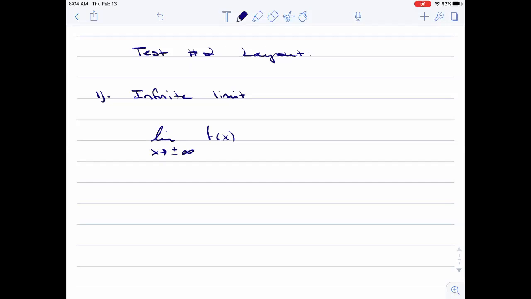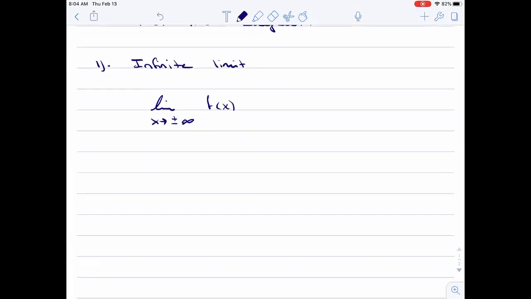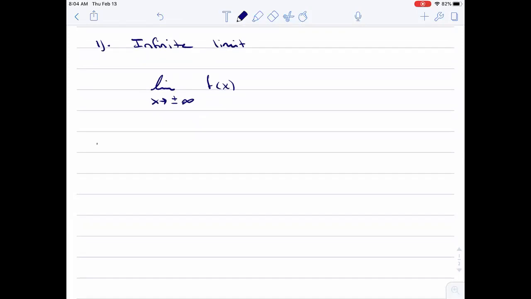It's only going to be negative infinity or positive infinity. We're essentially figuring out if we're going to have a horizontal tangent line. Off the top of my head, I can't remember what section that was. Anyways, you'll find it.